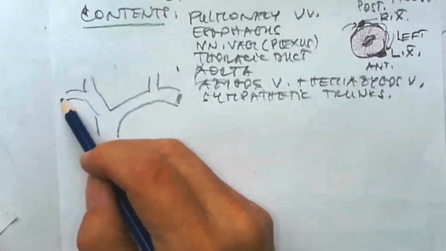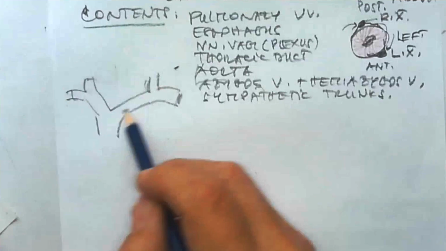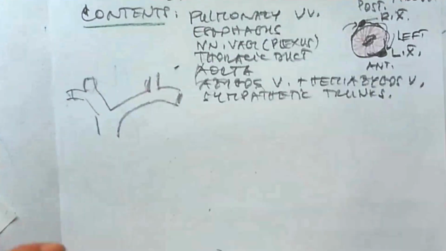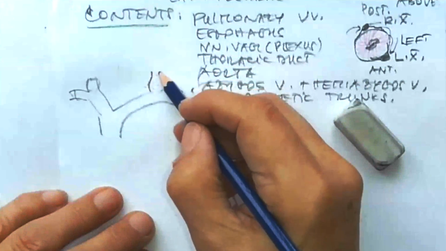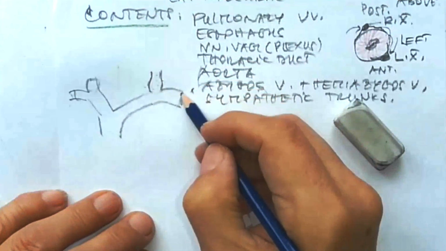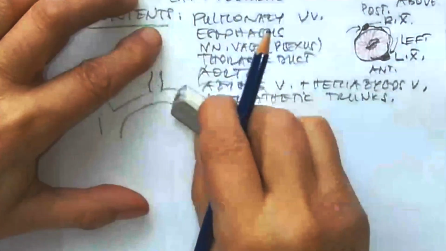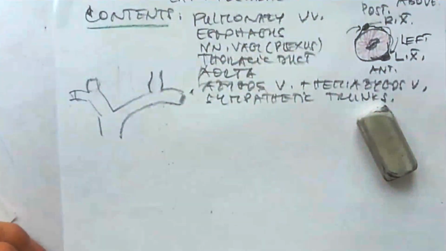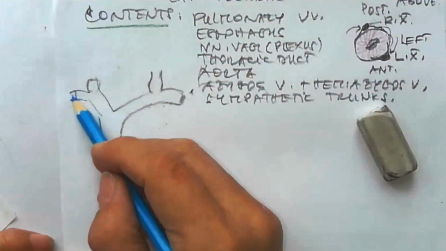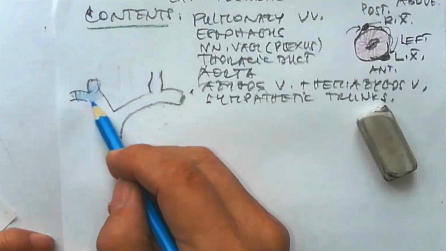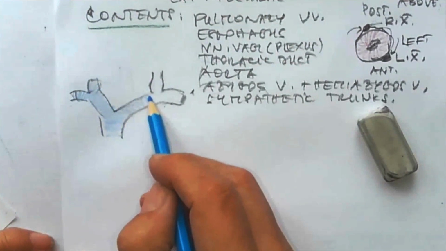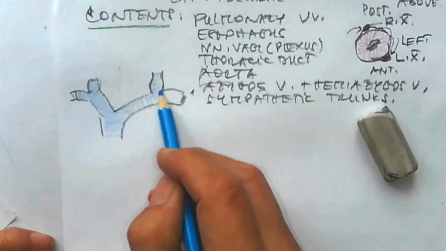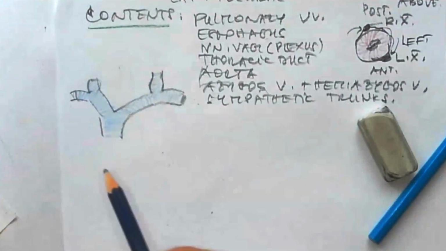Correct. Here we see the internal jugular vein, and here the subclavian, correct position. The vessels could be colored by very light blue, because we need also another blue for the azygos system.